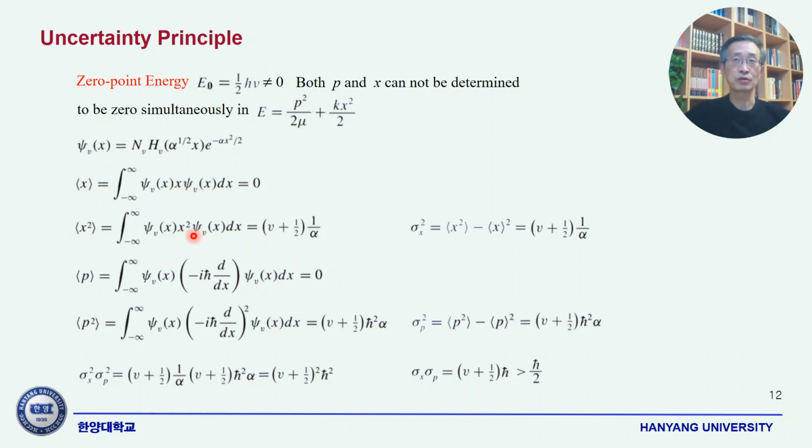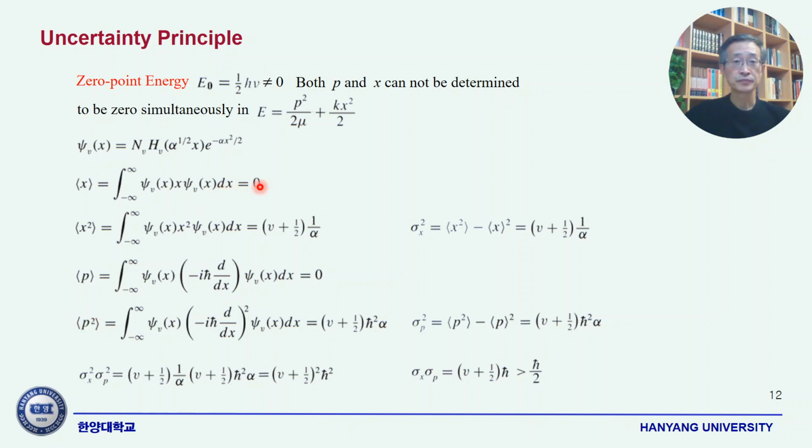For momentum, the linear Hermitian operator is the momentum operator, minus i h bar d/dx. P squared is minus i h bar d/dx squared. Okay, this is minus h bar squared, d squared/dx squared, like that. So once you have your wave function given, you can calculate x average, x squared average, p average, p squared average, the expectation values.